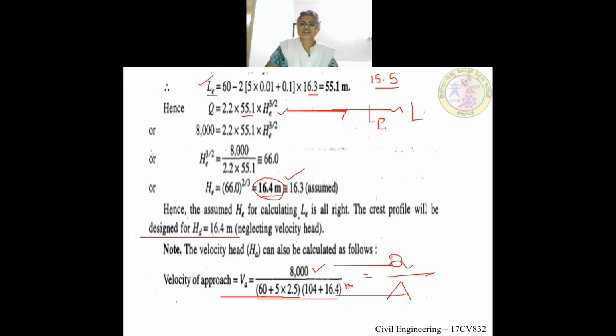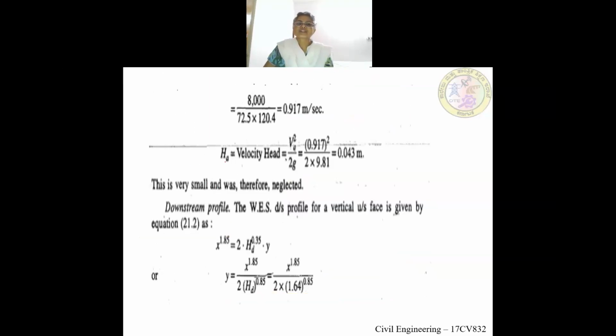So this is the velocity of approach. Once you get the velocity of approach, you can calculate the velocity head using VA square divided by 2G. You will get 0.043, which is very small, so it can be neglected.